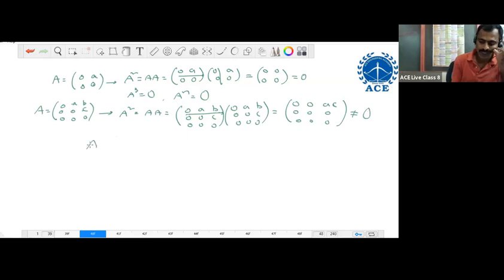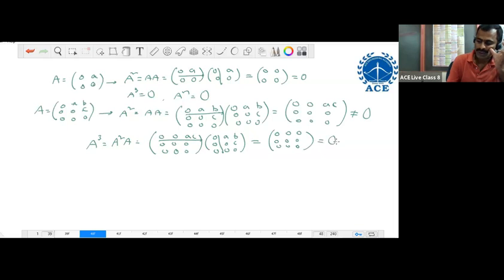Again, we write A power 3 as A square into A. A square is [0, 0, ac; 0, 0, 0; 0, 0, 0] only, into A, [0, a, b; 0, 0, c; 0, 0, 0], equal to all zeros.